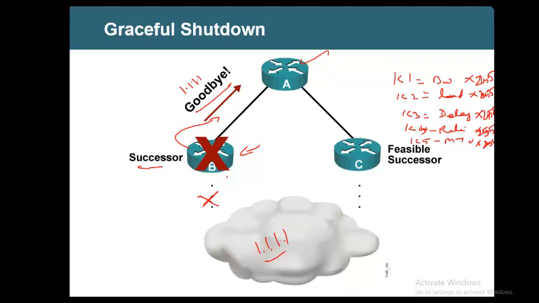And this is what will be sent as a goodbye message. So as soon as A finds 255 for all K values, it understands that the network is no more available via B. And this is what we call graceful shutdown, or the goodbye message.